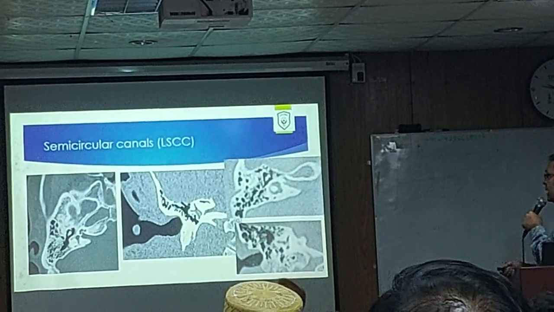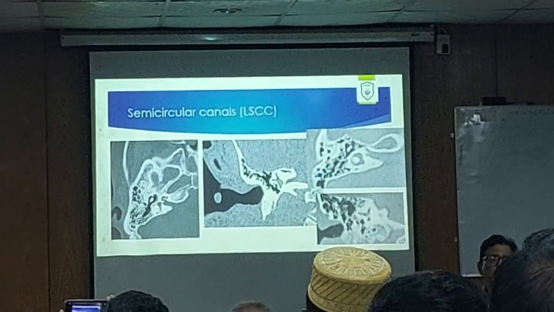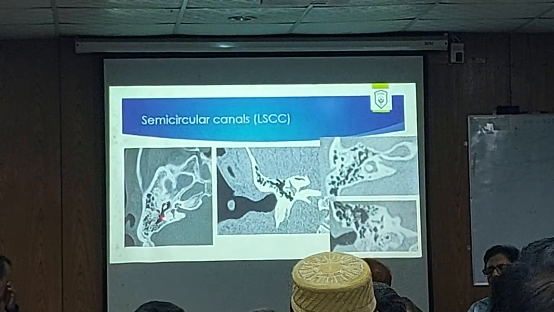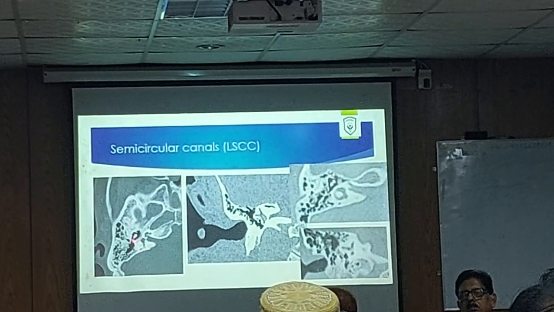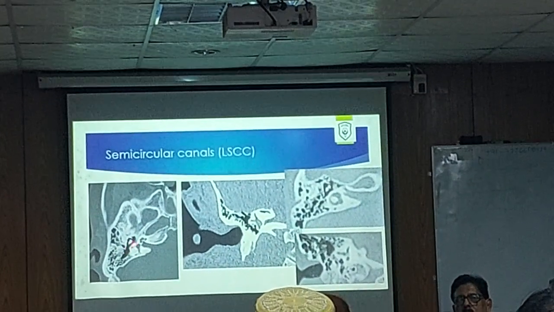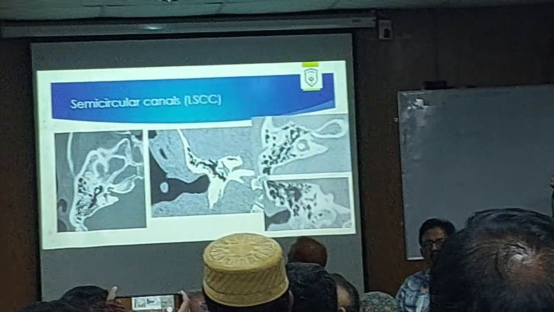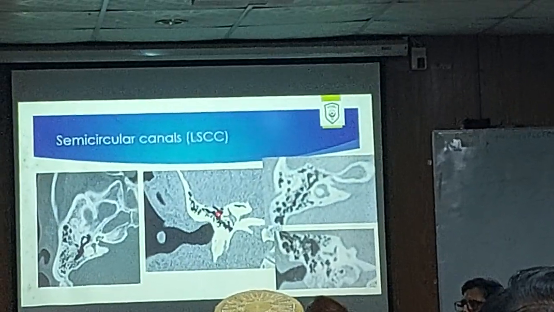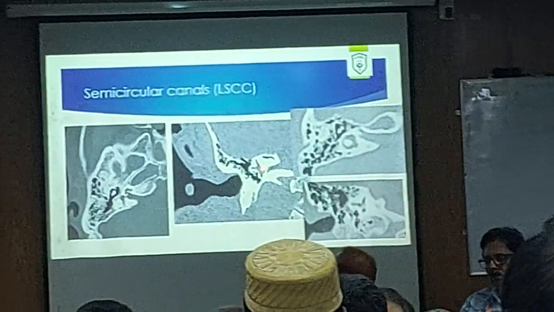The lateral semicircular canal can be seen in different views and different styles. Here, lateral, axial view. This is the lateral semicircular canal. This is the signatory. In the coronal view, this is the lateral semicircular canal, superior, and this is the vestibule.